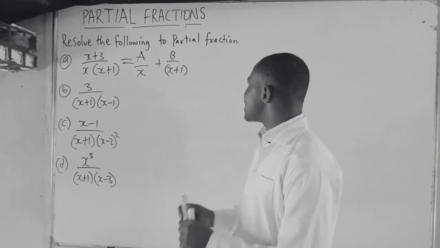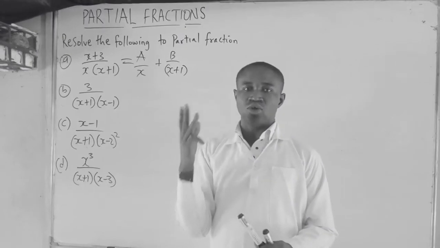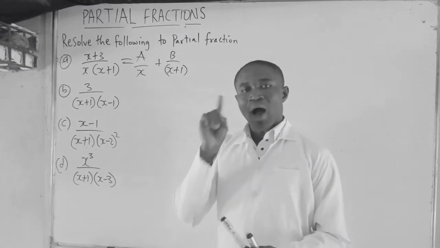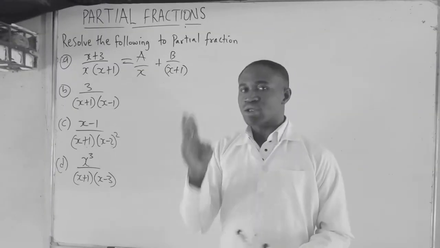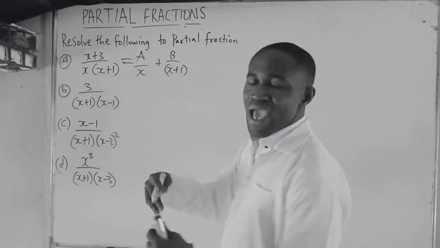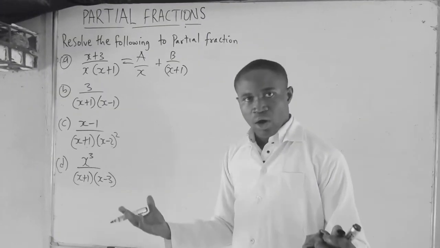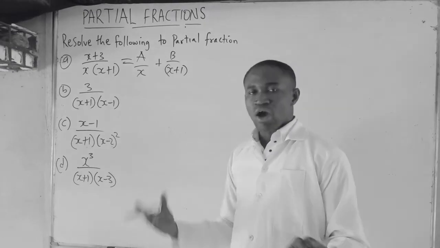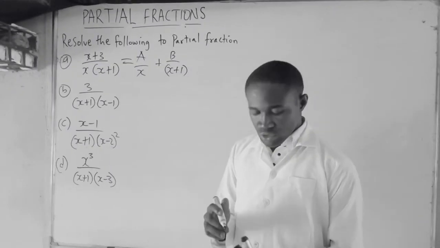Now the question is, how do we get our A and B? There are three methods you can use to do that. 1, cover up method. 2, direct substitution. 3, comparing their coefficients. We can use any of these methods. You can use one of the methods, you can apply two of the methods, you can apply three of the methods, depending on the nature or the type of question given to you.